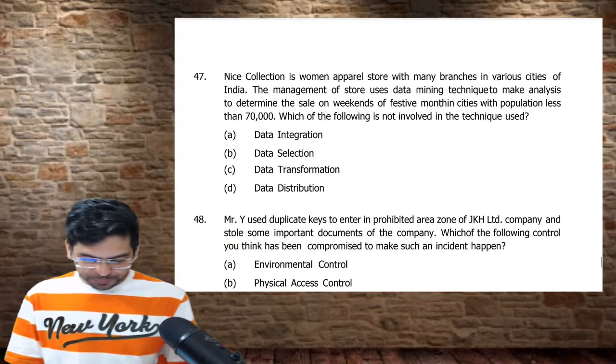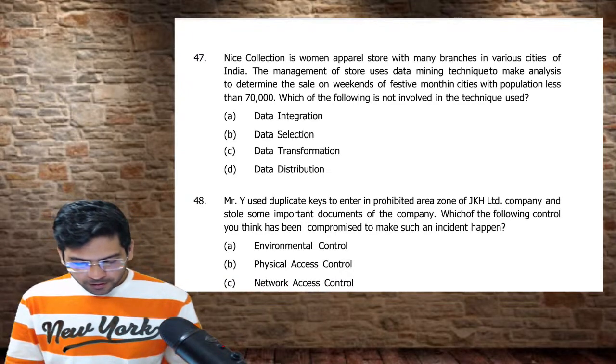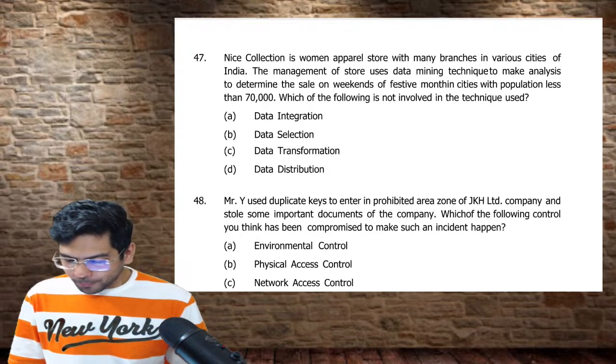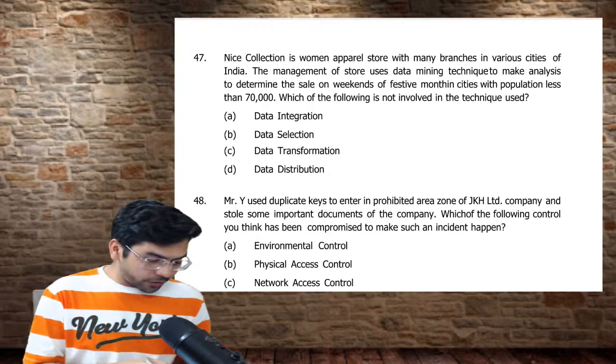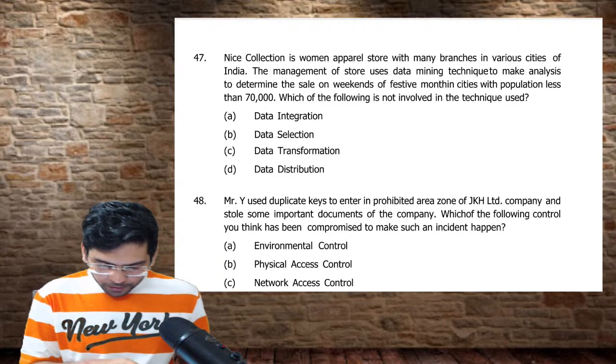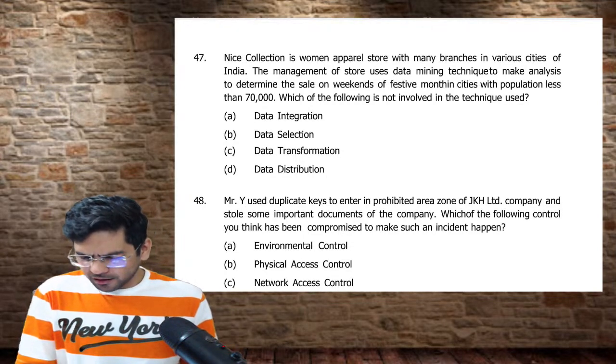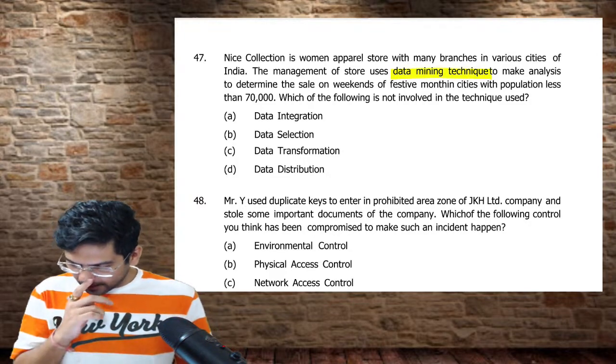Next, question 47. Nice Collection is a women apparel store with many branches in various cities of India. The management of the store uses data mining. This is a question on data mining.